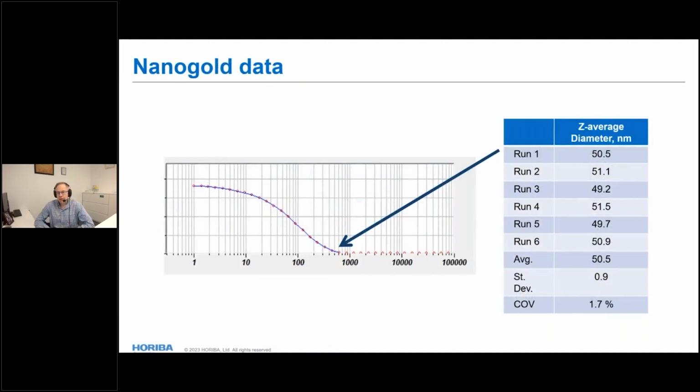So here's some repeatability data with nanogold. And here I plot the autocorrelation function as a function of delay time. And I've put the delay time on a log scale. We can probe a very wide range of delay times in a dynamic light scattering instrument, which is quite convenient and gives us a wide range of sizes we can analyze.